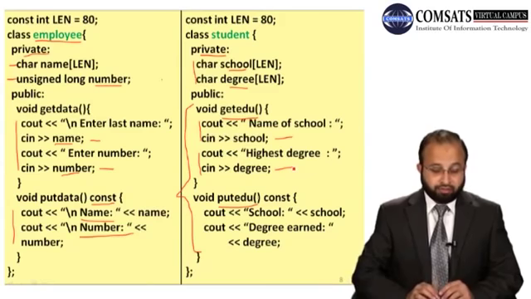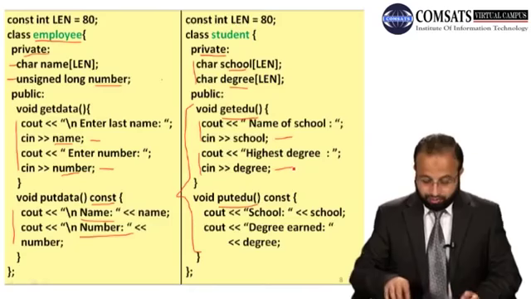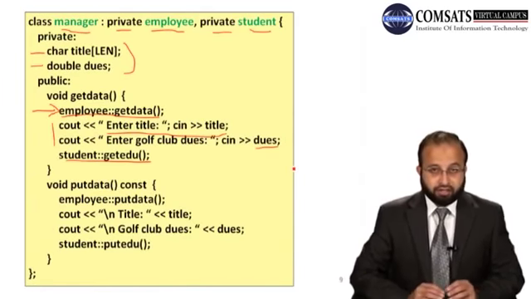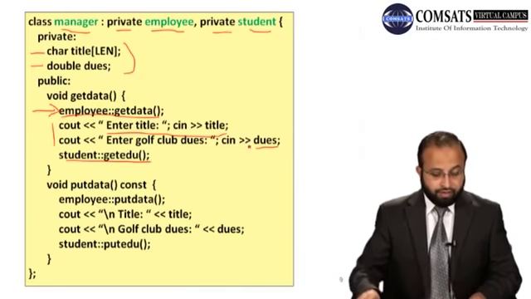So the object of the manager class will have name, number, school, degree, title and dues. So these are the 6 fields that exist in any object you create from the manager class. And then the same thing happens in the put data function: first you call put data of employee, and then put edu of the student class, and in between you print the manager's own fields.